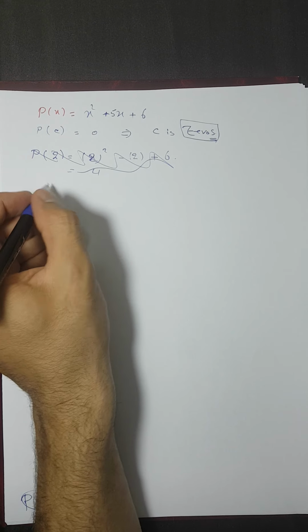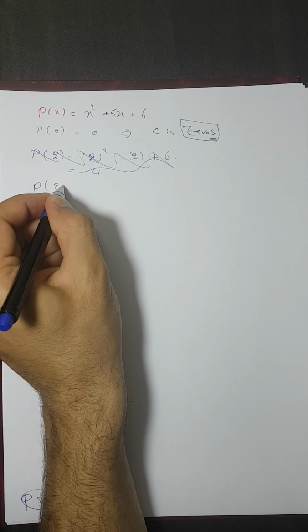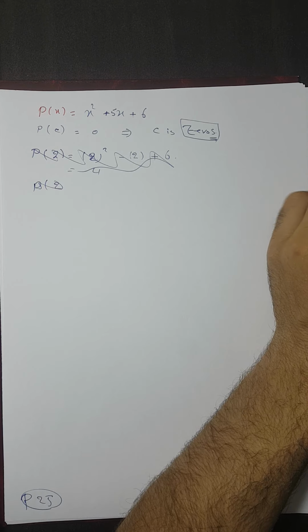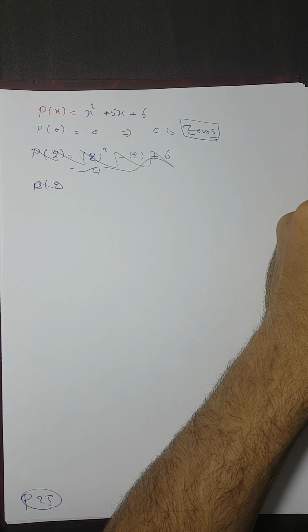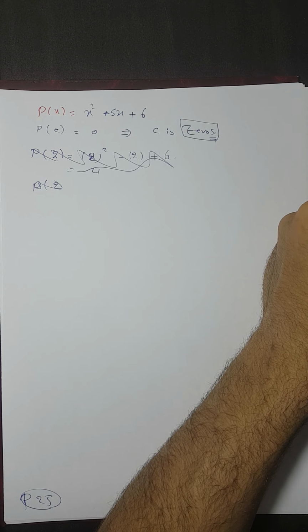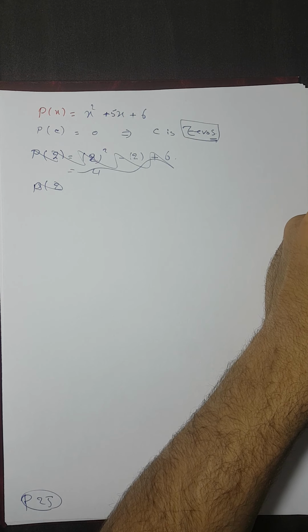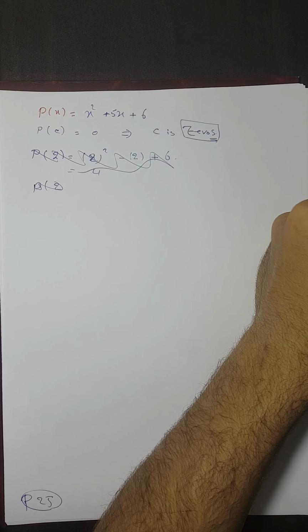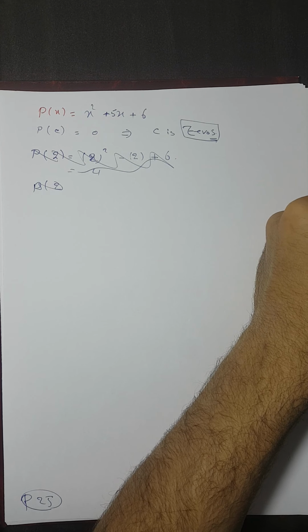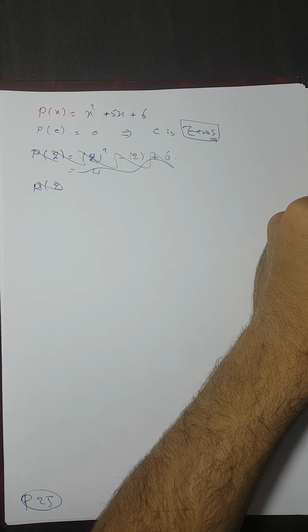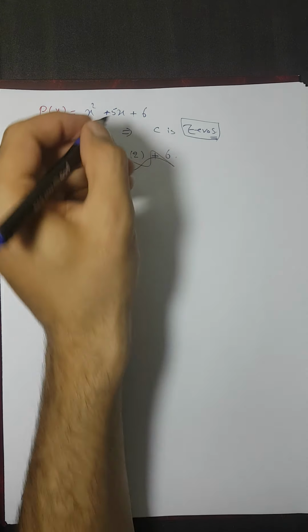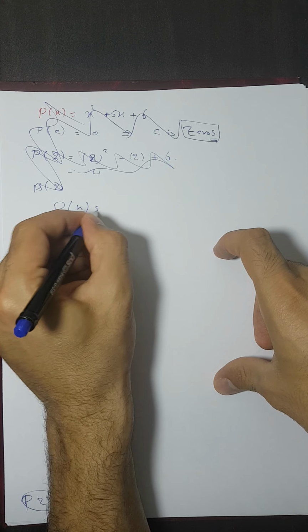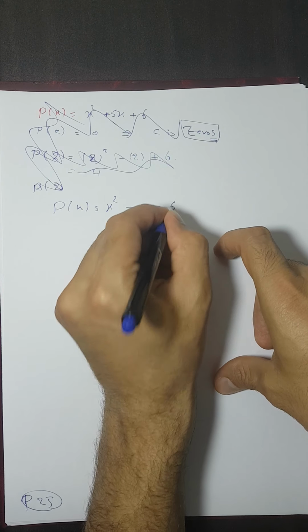Sorry, let me do it for myself first, because I just made this example, so it will change. Okay, P of x is equal to x squared minus x minus 6.